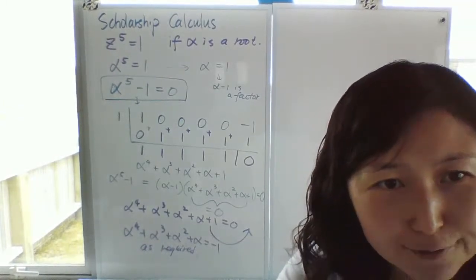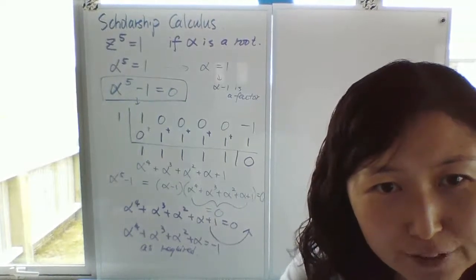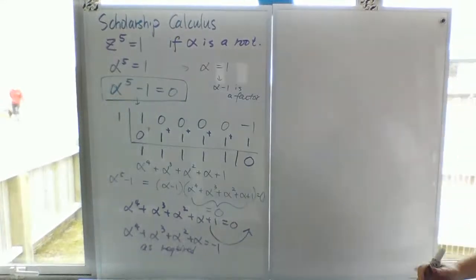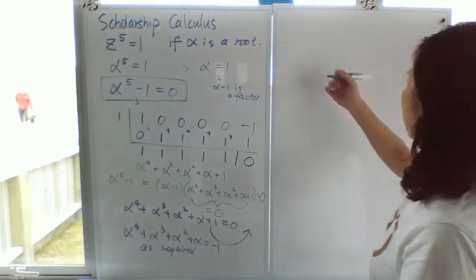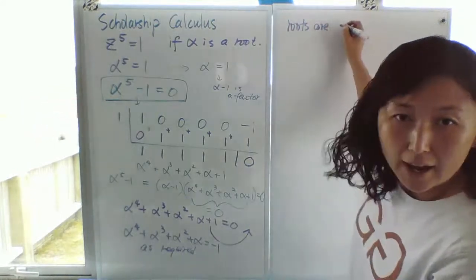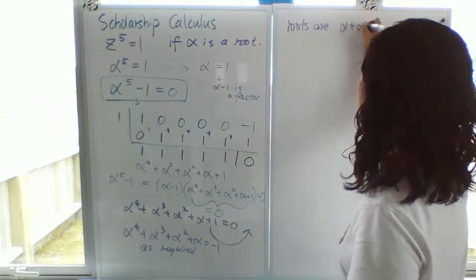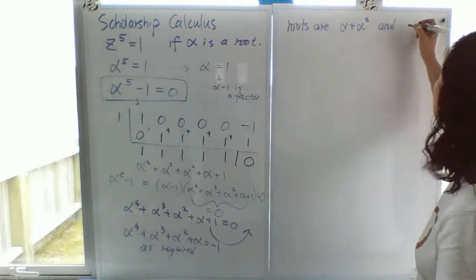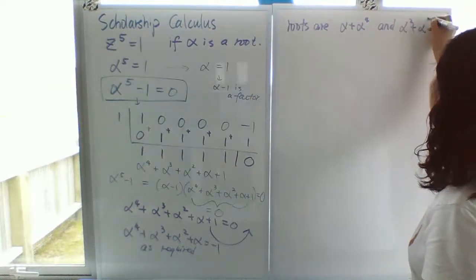Let's see. So hence find the equation with real coefficients whose roots are alpha plus alpha to the power of 4. So I'm going to write down here. So the roots are alpha plus alpha to the power of 4 and what is that? Alpha squared plus alpha cubed.